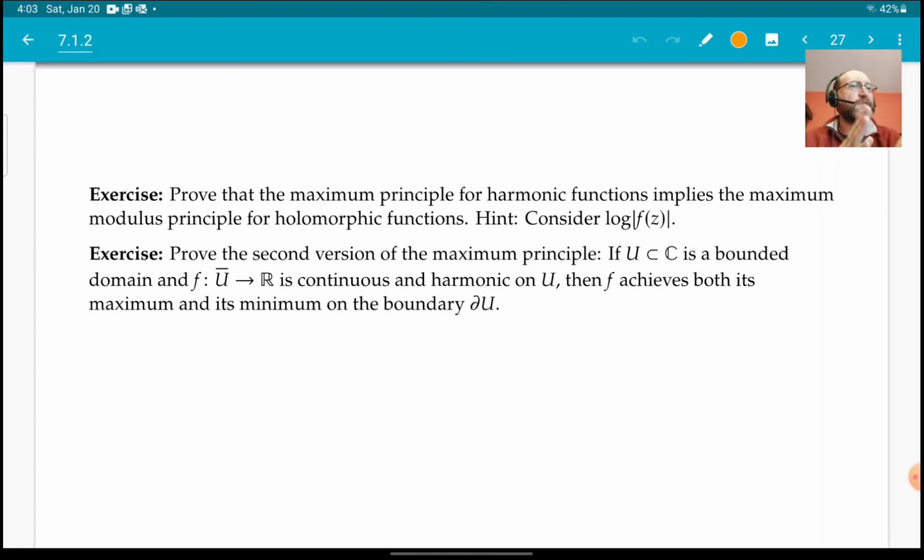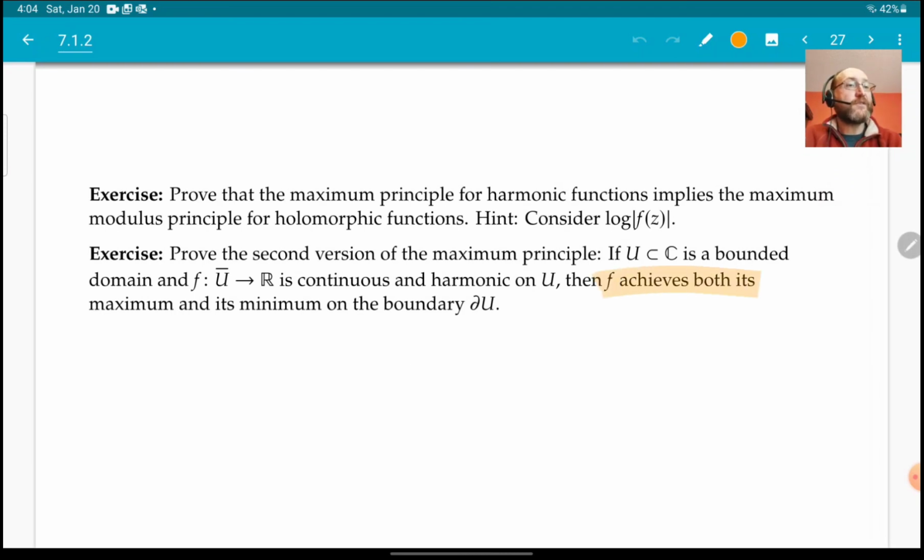Whenever we have this maximum principle, we have two versions of it, maybe the two most useful versions. One version is, suppose that inside you have a maximum. These are equivalent; you can prove one from the other. Suppose that you have a bounded domain U and a continuous function f on the closure, which is harmonic inside.